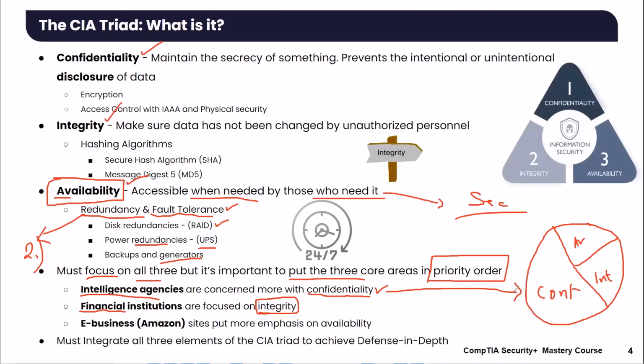That's the thing that organization cares about more than anything. But if you're a bank, you want to put more resources against integrity. People really don't want their money to keep changing, right? They don't want people modifying the money as it sits in the bank. So as a financial institution, you want to focus on that. But if you're Amazon.com, an e-commerce website, you want to focus your resources on things like availability, right? Put more emphasis on availability.